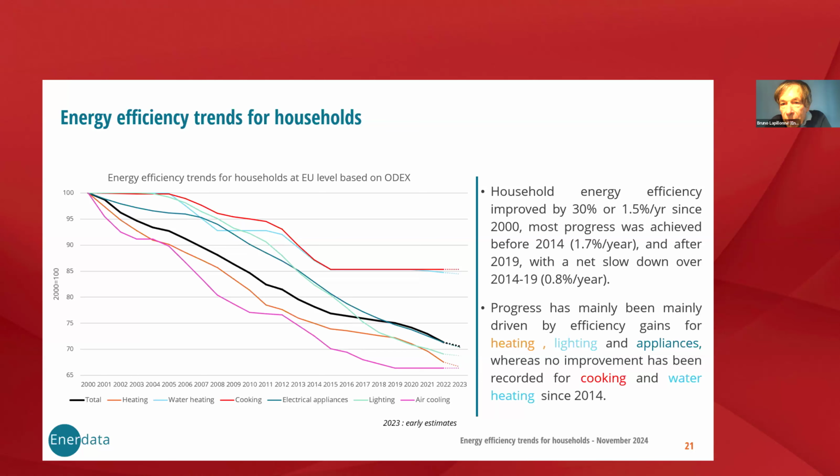Most of the progress was achieved before 2014 and after 2019, with a net slowdown between 2014 and 2019, as we have seen before for space heating, which is the dominant end use. Progress has been mainly driven by energy efficiency gains for heating, lighting, and large appliances, whereas for cooking and water heating, we are not able to measure any improvements since 2014 from the data available.